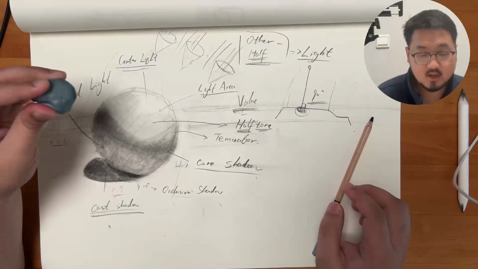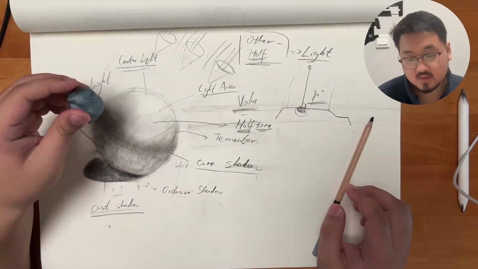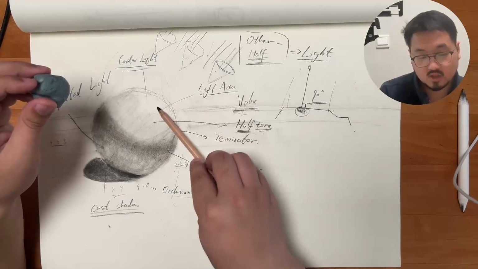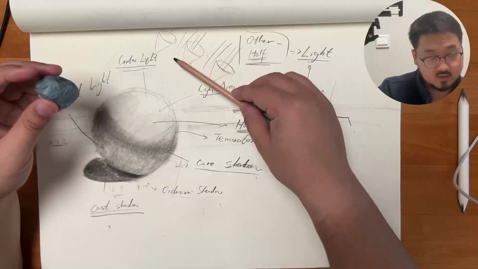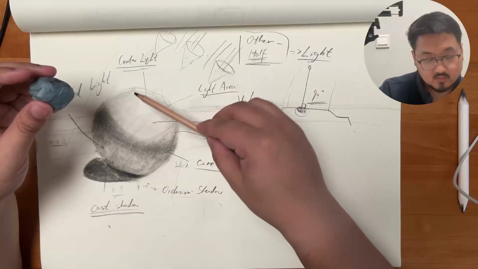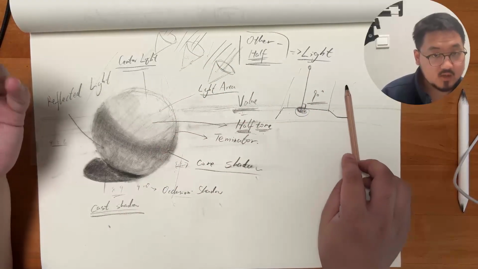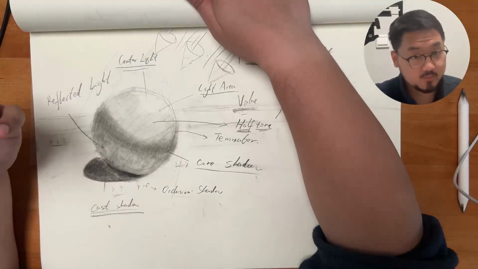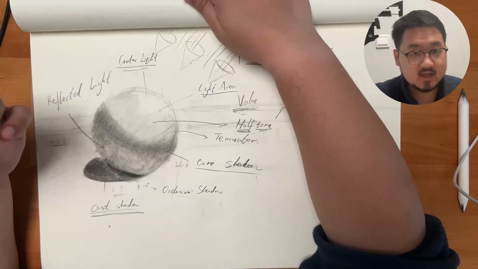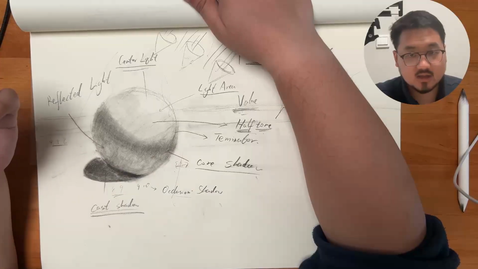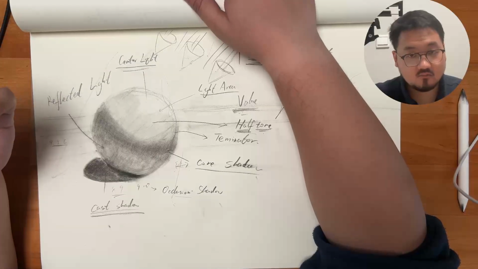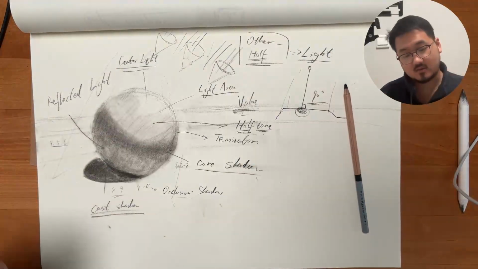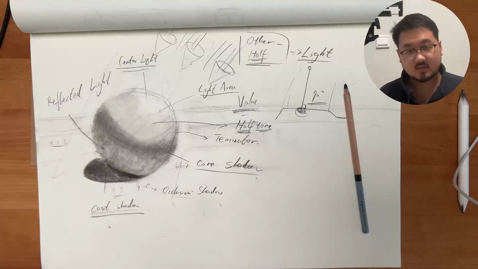Okay, so the highlight is not necessarily the perpendicular light shining directly here, but rather light at a certain angle that shines to the object and then reflects back to you. So that's the reason why this is really person dependent, because it depends on the angle you stand at.